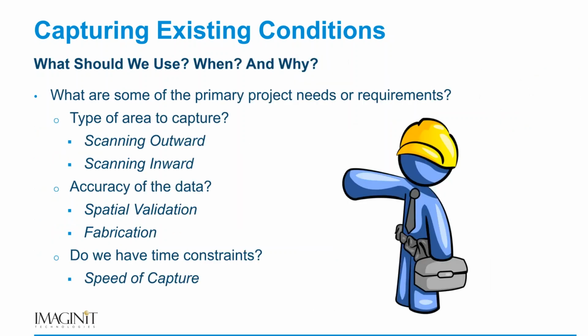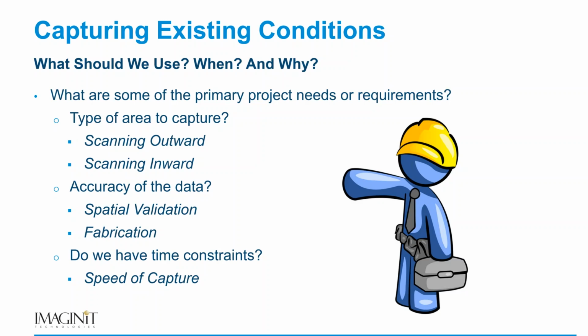All right, so just to focus on some of the things we just talked about, we have to determine what we should use, when, and why. We have to determine our project needs and what the requirement is. Say this is in your facility, and as was spoken of earlier, we want to do a change out of a line of equipment in our facility.